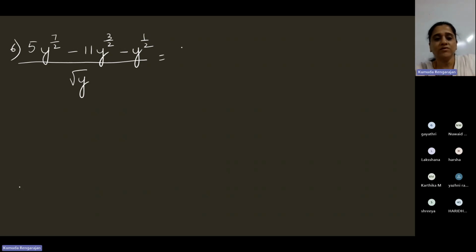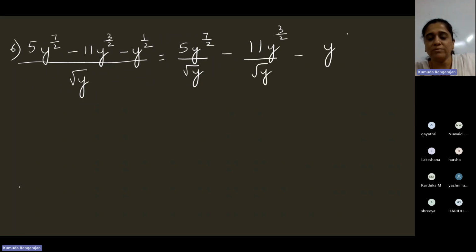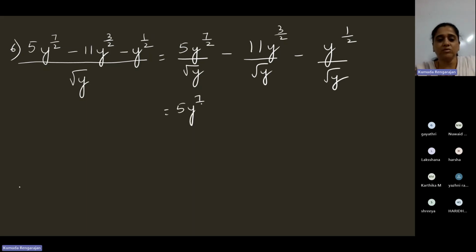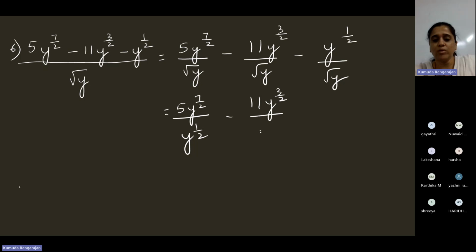So this one is 5y to the power 7 by 2 divided by root y minus 11y to the power 3 by 2 divided by root y minus y to the power 1 by 2 divided by root y. Correct? So this is nothing but 5y to the power 7 by 2 divided by y to the power half, minus 11y to the power 3 by 2 by y to the power half, minus y to the power half by y to the power half.